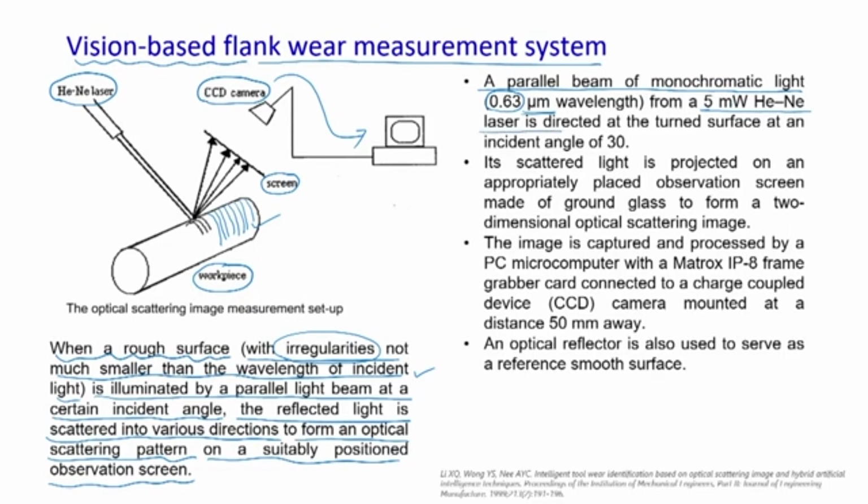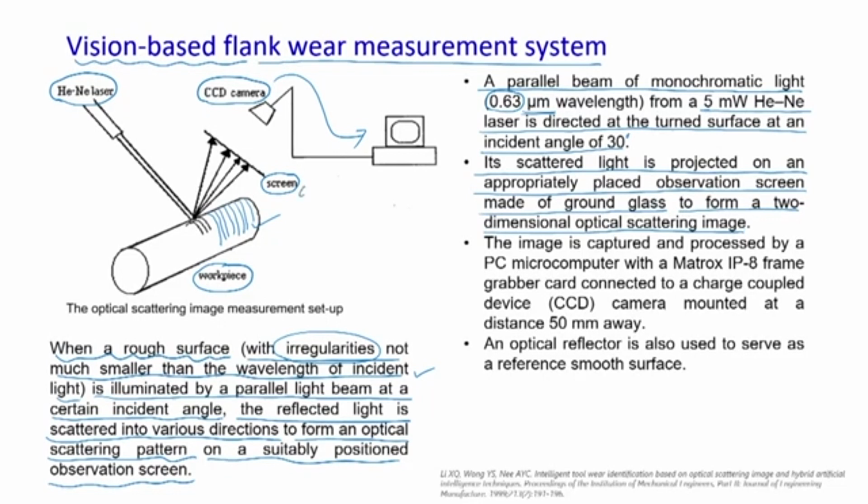The laser is directed on the turned surface at an incident angle of 30 degrees. Its scattered light is projected on an appropriately placed observation screen made of ground glass to form a two-dimensional optical scattering image.